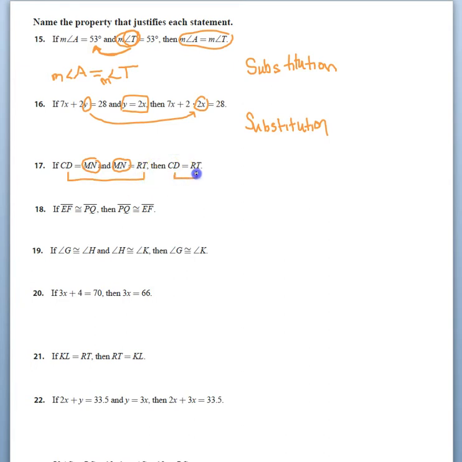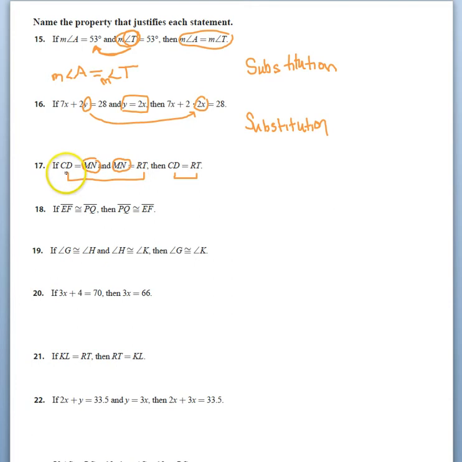That's what the last statement is saying. Okay, now this is actually called transitive property. If you were thinking substitution, you're on the right track, and sometimes it's very easy to get substitution and transitive mixed up. The main difference between substitution and transitive property is in the order.